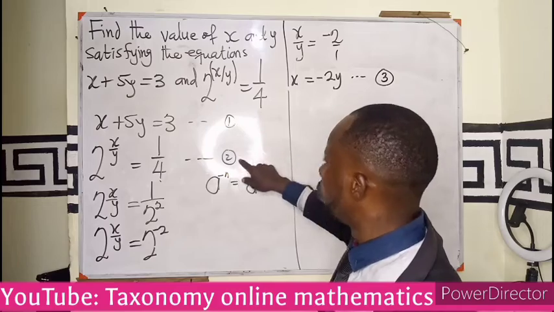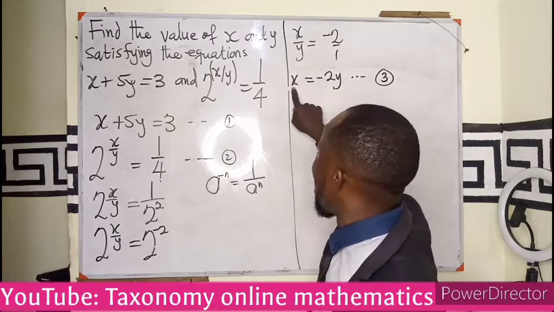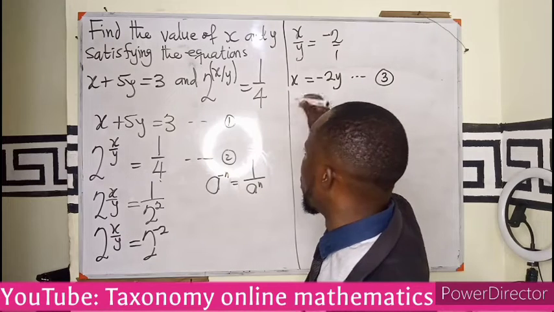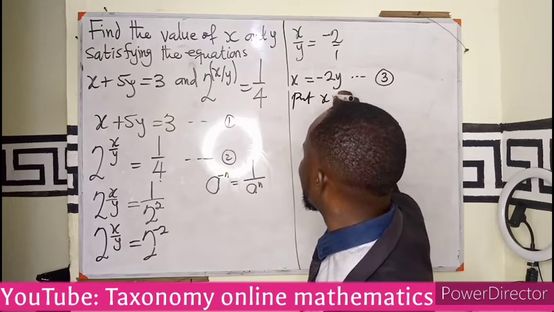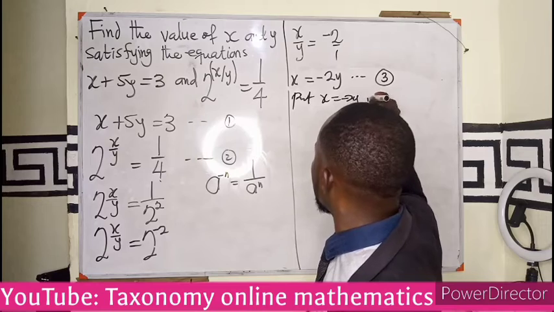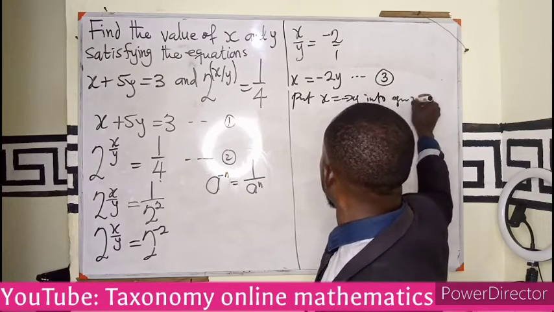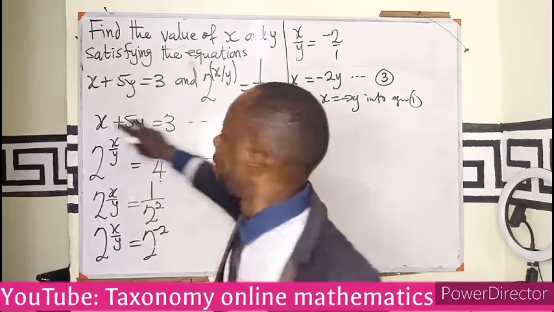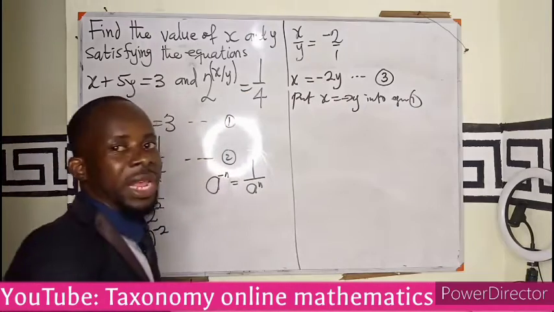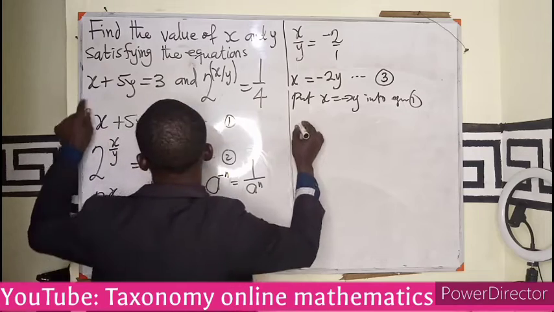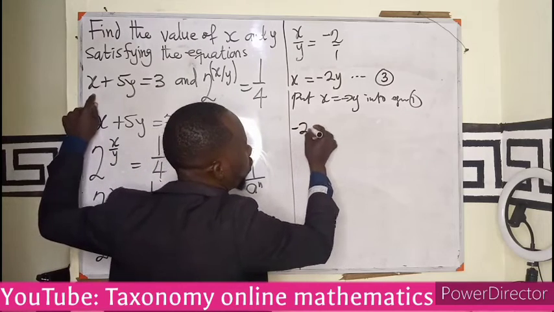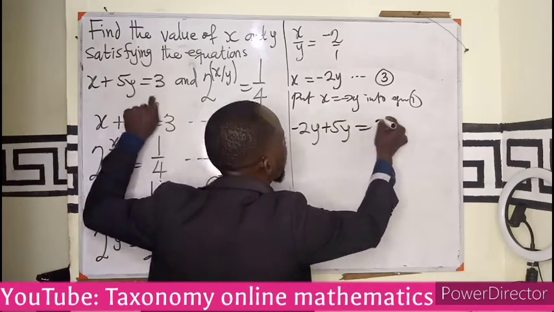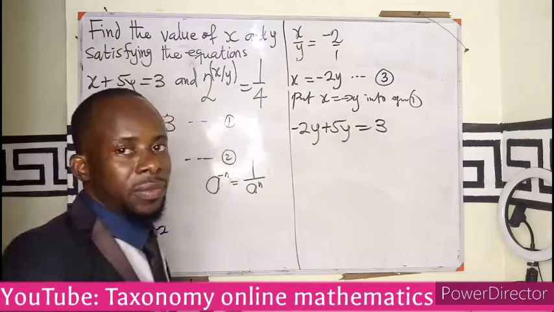Equation 1, 2, 3, where I know x. Whatever x is, I replace with this. So we put x = -2y into equation 1. Whenever I see x, I replace it with -2y. So this becomes -2y + 5y = 3.